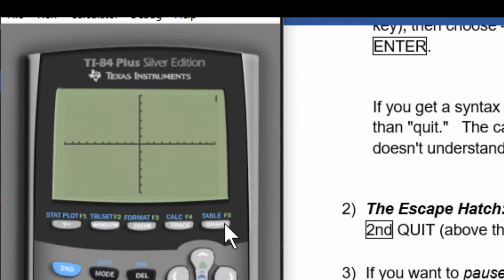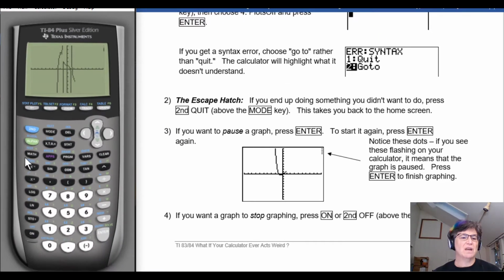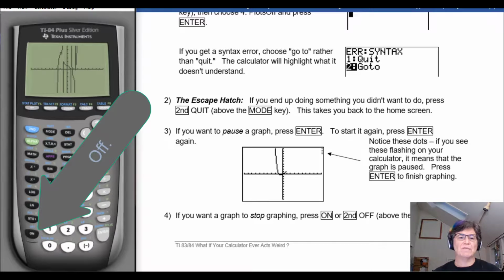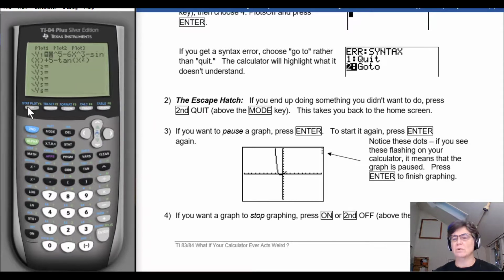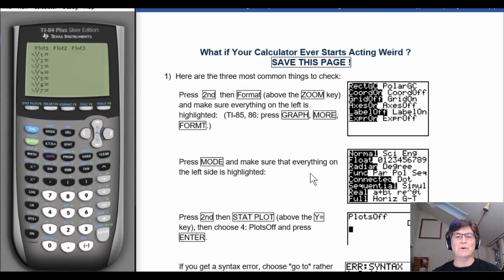And let's say I graph it, and then I suddenly realize, oh, I totally didn't want to do that, and this is taking forever. Second, off, the graph stops, I can go back to doing whatever I was doing, which is not graphing that crazy thing.